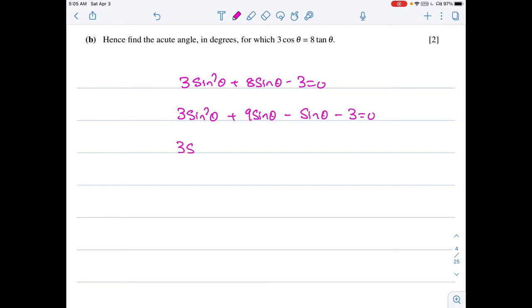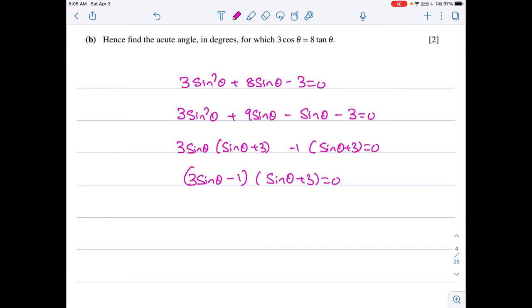I take 3 sine theta common, so I am left with sine theta plus 3, minus 1 common, sine theta plus 3 is equal to 0. So I get (3 sine theta minus 1) times (sine theta plus 3) is equal to 0.